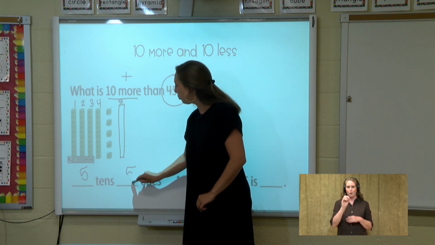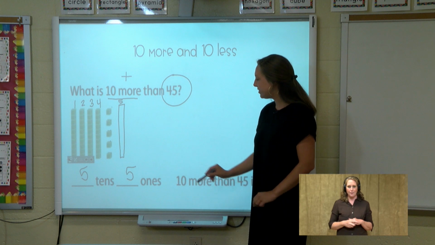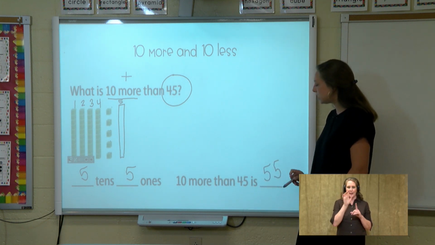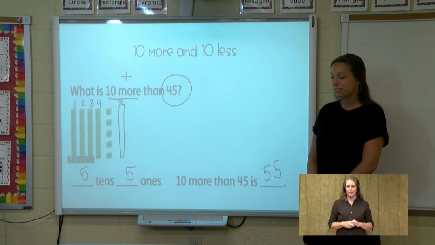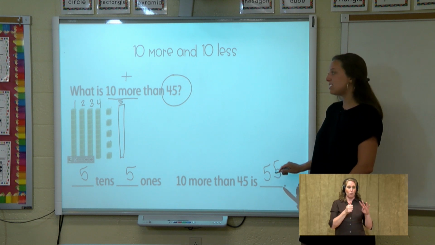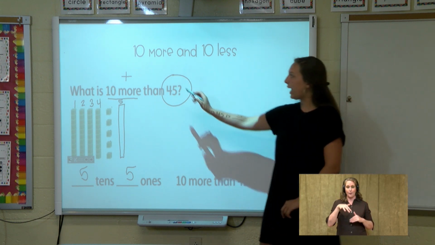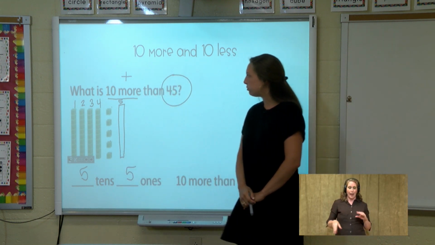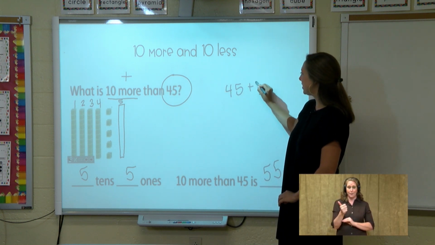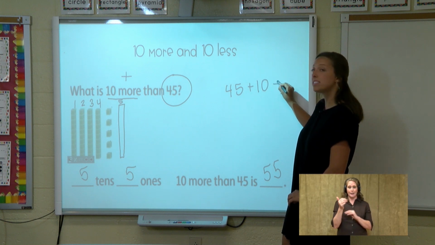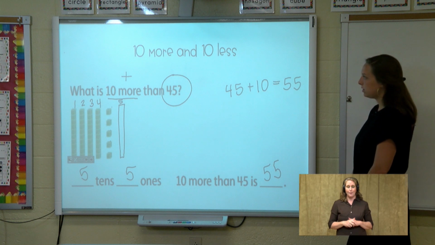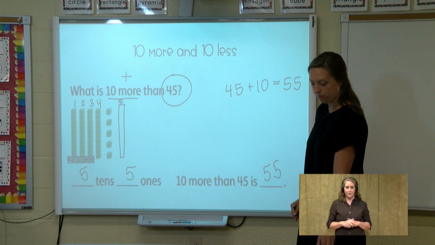We have 5 ones. 5 tens and 5 ones gives us the number 55. 10 more than 45 is 55. We added a 10 to the 45, so 45 plus our 10 gives us the sum 55. Okay?